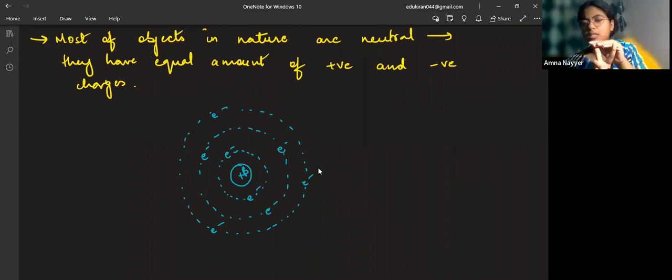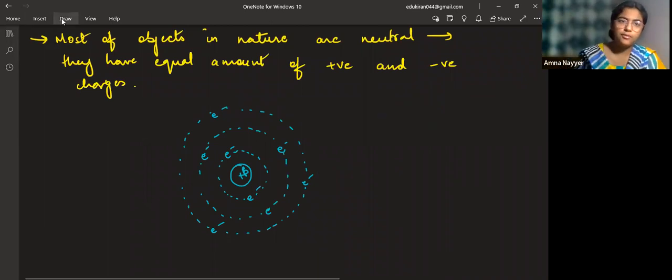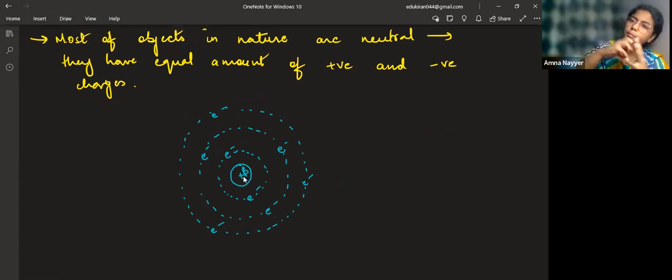Now, two types of forces exist here. Carefully understand this part. One force is within the nucleus, holding the protons tightly. The protons are held by the nucleus with the help of nuclear forces. These nuclear forces are very strong.